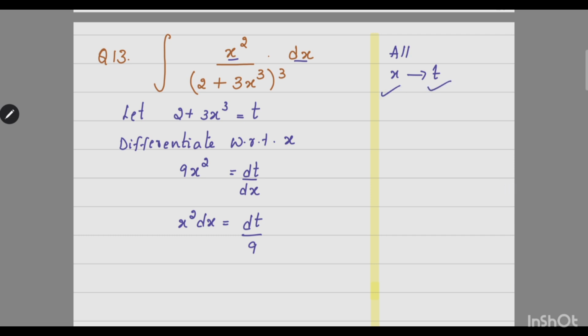So we will rewrite the question. Integral of x^2 divided by (2 + 3x^3)^3 with respect to x. So this will imply x^2 dx can be written as dt/9, and 2 + 3x^3 as t, but we have exponent 3.